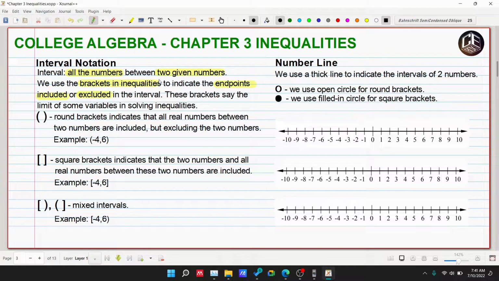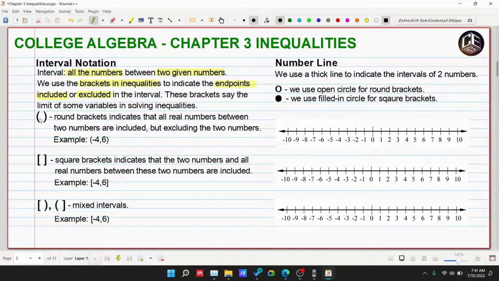Meron tayong round and meron tayong square. Okay? So, pag sinabi natin interval, meron tayong two numbers. Tapos, kung dito kasi sa interval notation, aaralin natin or isosolve natin, determine natin kung sino nga ba yung pasok or hindi pasok dun sa interval natin.